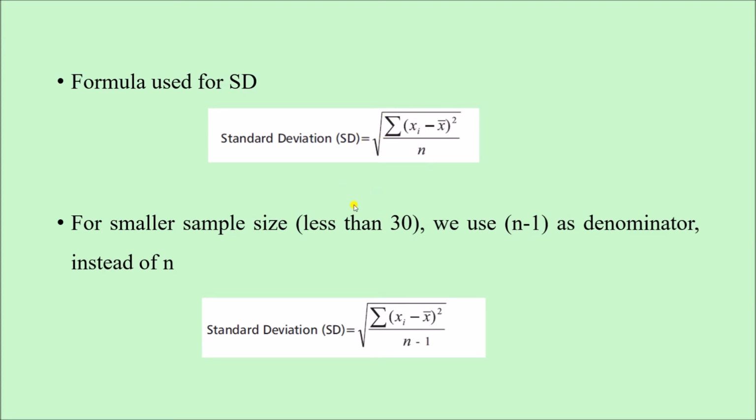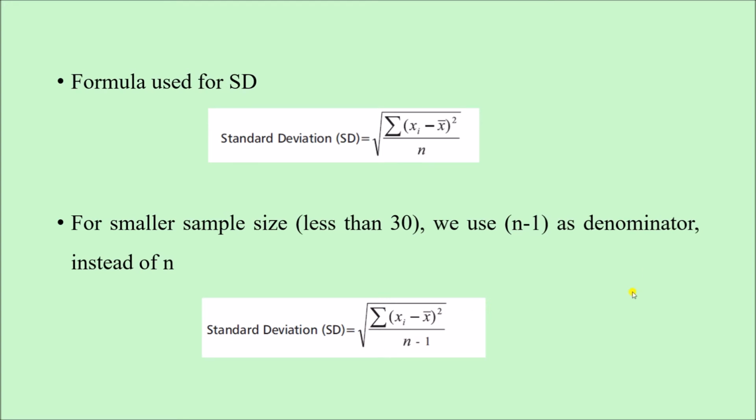If we have a smaller sample size, if n is less than 30, then in place of n we use n minus 1 as the denominator, and the formula looks like this. So summation of x minus x bar whole square divided by n minus 1 rather than n, and the whole thing is put under the root sign.